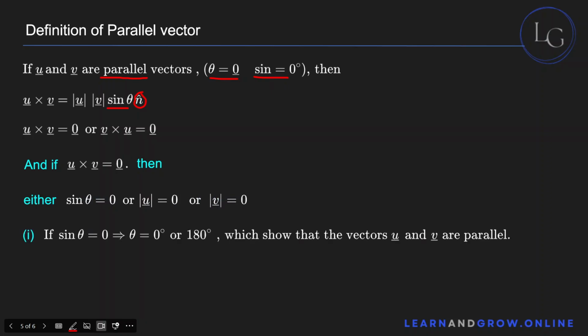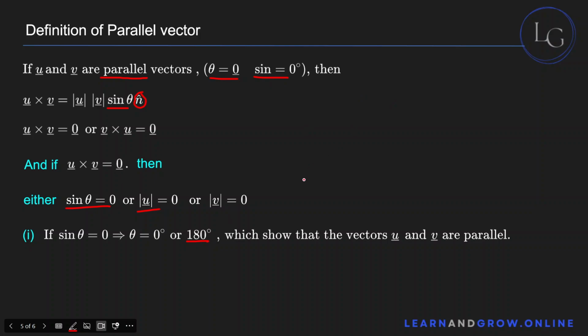So u cross v is equal to 0 in three conditions: when sine theta is equal to 0, the magnitude of u is equal to 0, or the magnitude of v is equal to 0. If sine theta is equal to 0, theta is equal to 0 or 180, right? Because parallel vectors can have opposite directions as well.